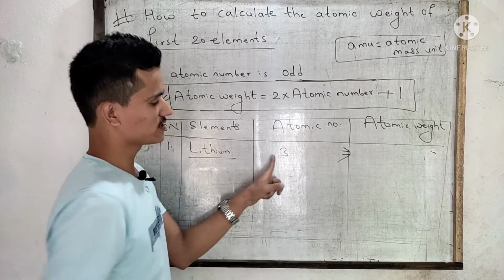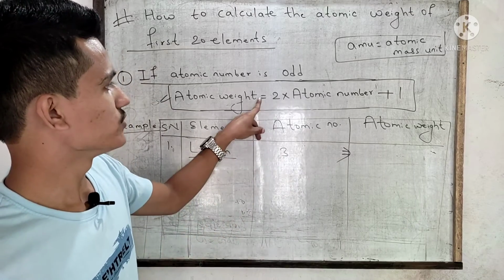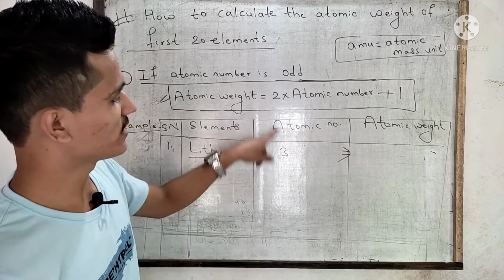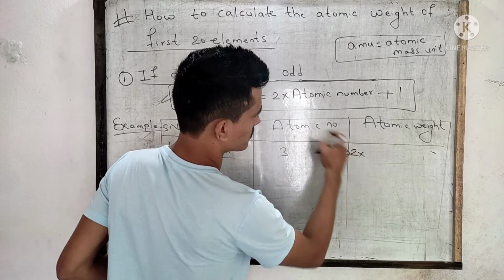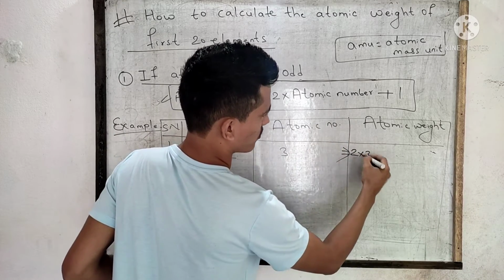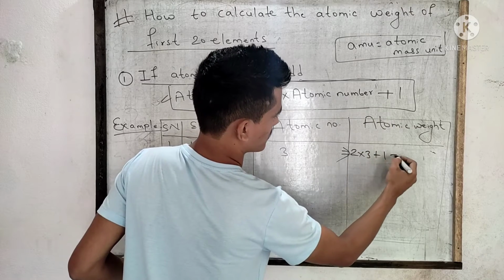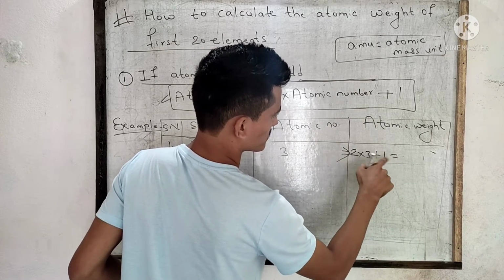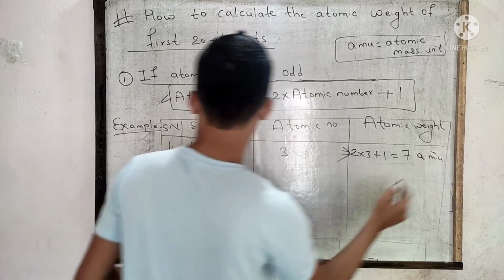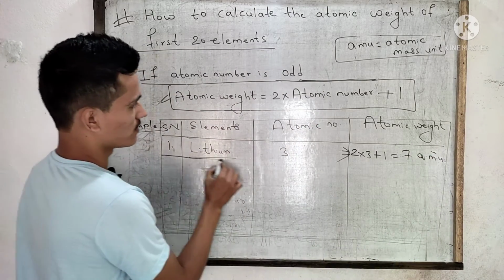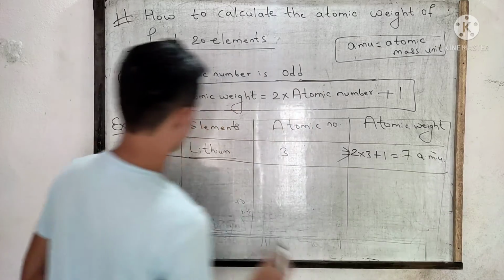Since this 3 is an odd number, we have to use this formula, not the previous one. Atomic weight is equal to 2 into atomic number 3 plus 1, which is 2 into 3 is 6, 6 plus 1 is 7 A.M.U. 7 AMU. Okay.